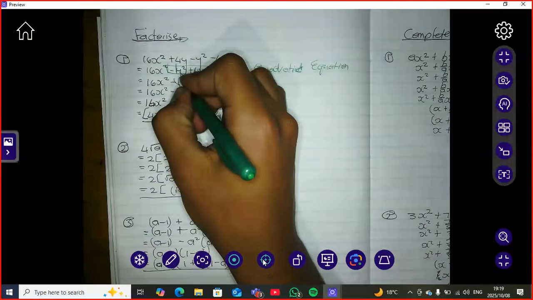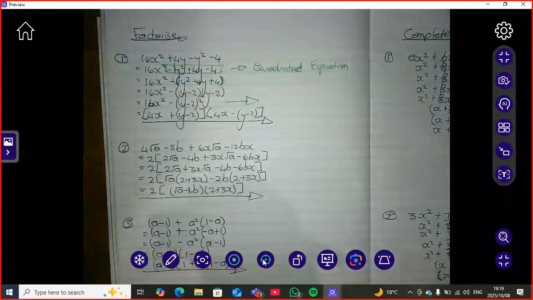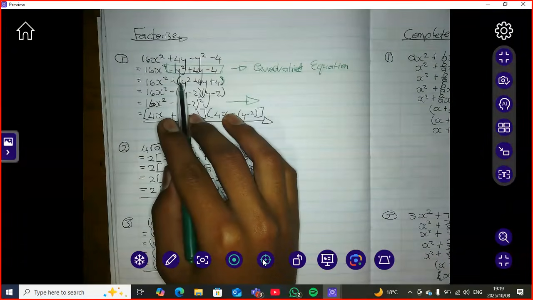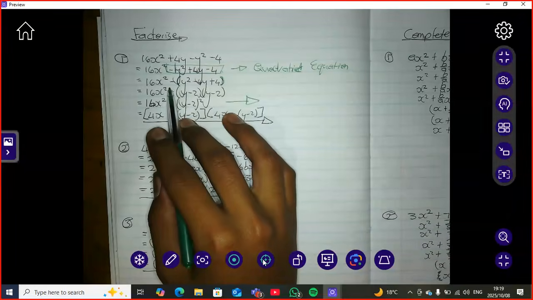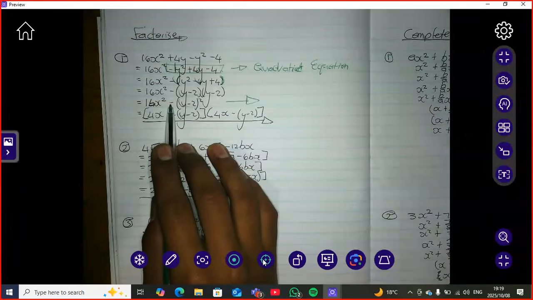So you see this bracket here. I don't want to factorize with a negative here in front of my y squared. I will just make my life difficult. So I take it out. And also this negative now forms my difference of two squares.